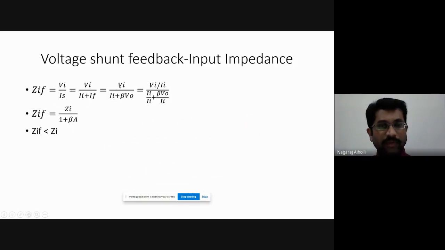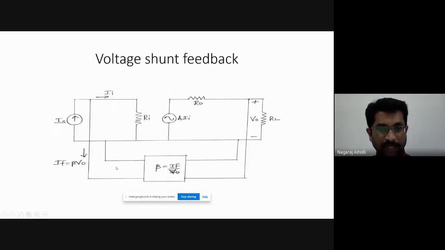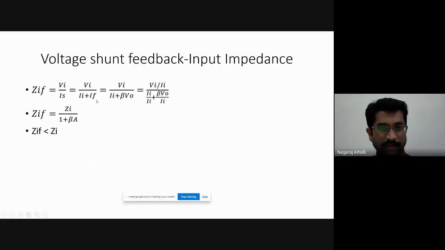That is further equal to Vi divided by Ii plus If. Then If is beta V0, since beta is equal to If divided by V0, the output is If and the input is V0. Substitute If as beta V0, then divide the numerator and denominator by the current Ii. We get Vi by Ii divided by Ii by Ii plus beta V0 by Ii.